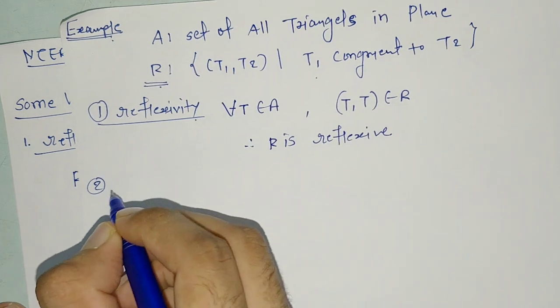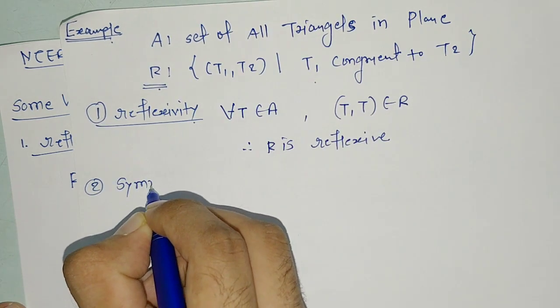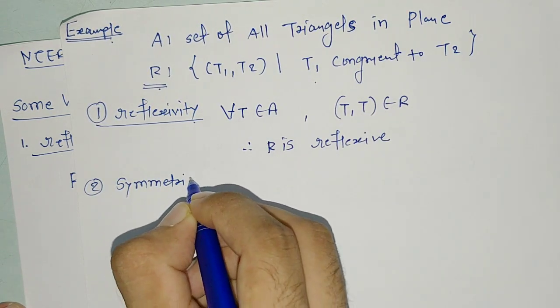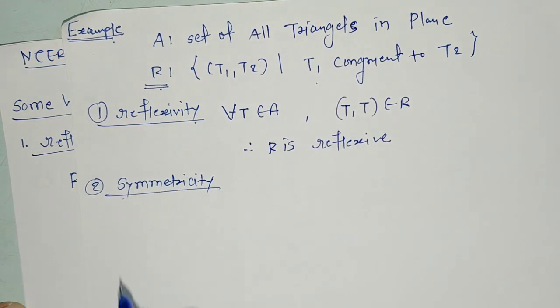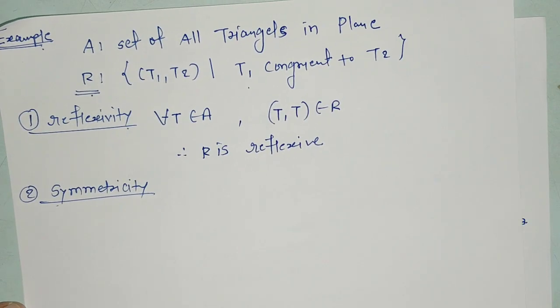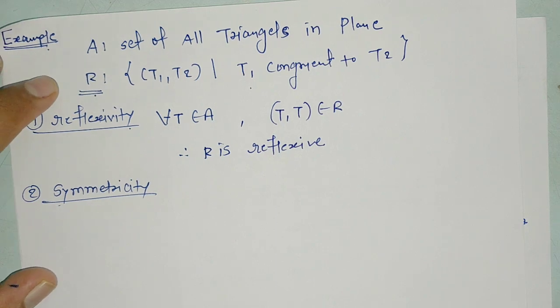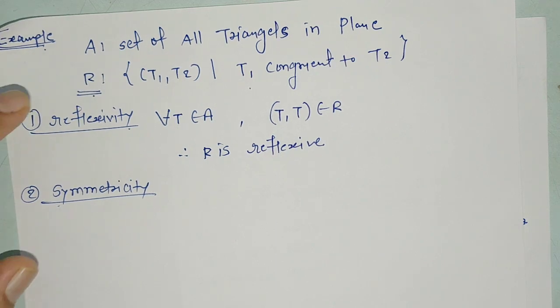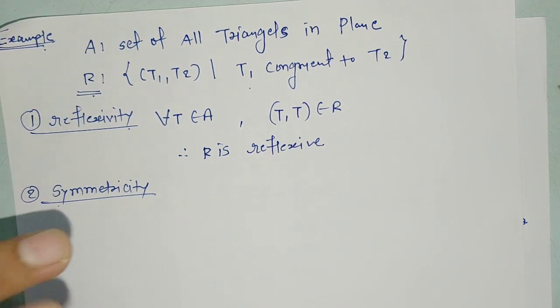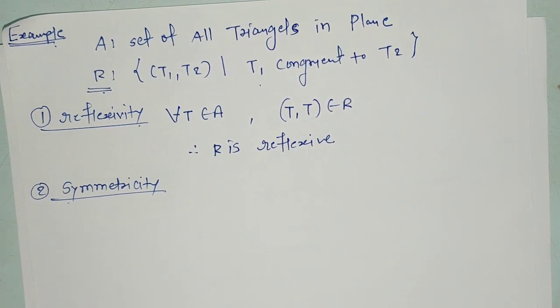The second property we have to check is symmetricity. Symmetricity says that if I have two elements from the set which are related under the relation, then if I change the place, that ordered pair is also related.